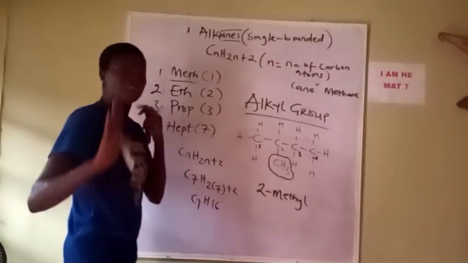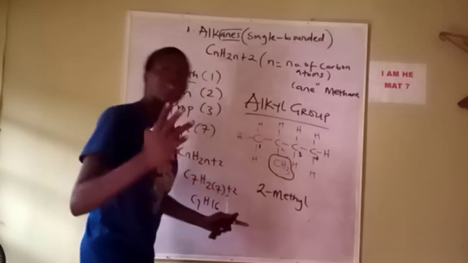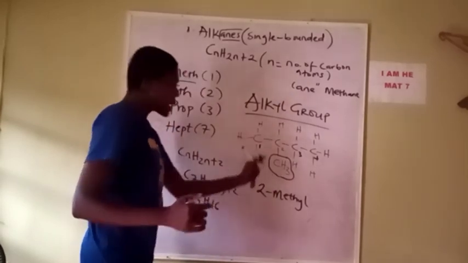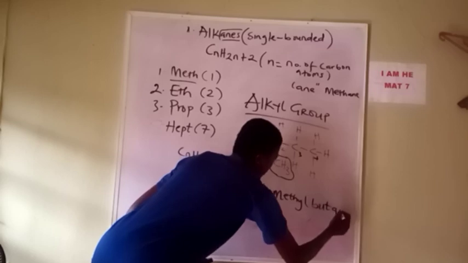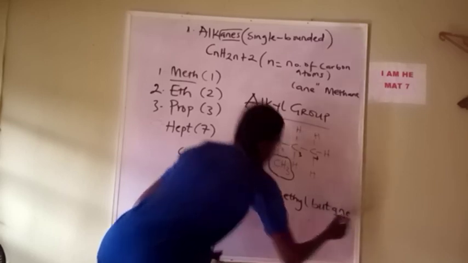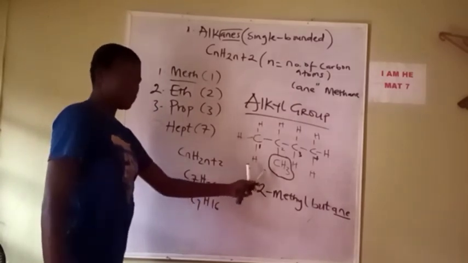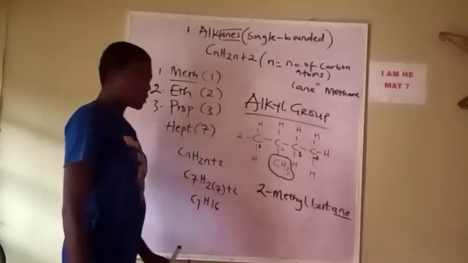That's 4 in total. Now, what homologous series is this? That's an alkane. Do you understand? So it becomes 2-methyl butane. Butane. So this is the IUPAC name of this organic structure.